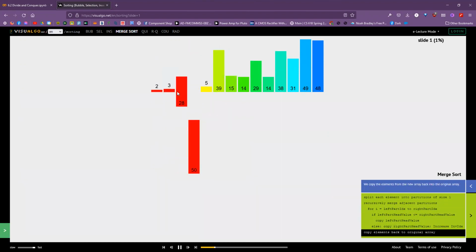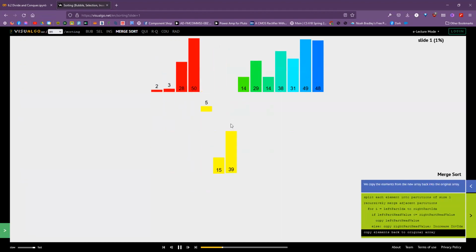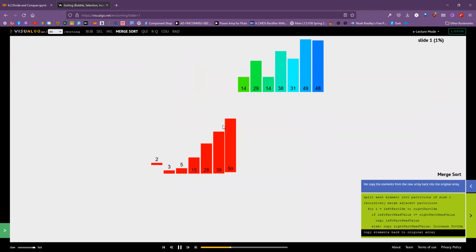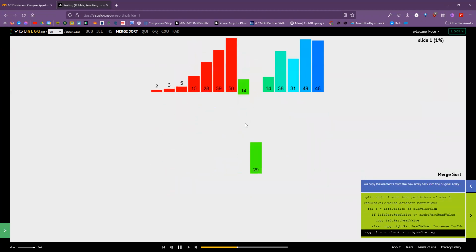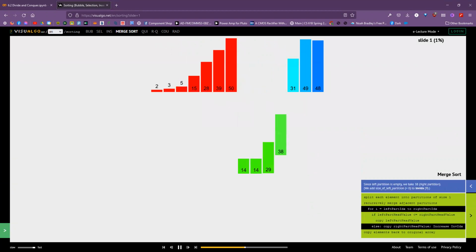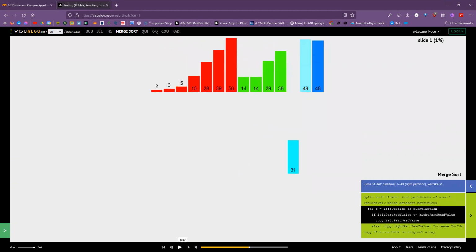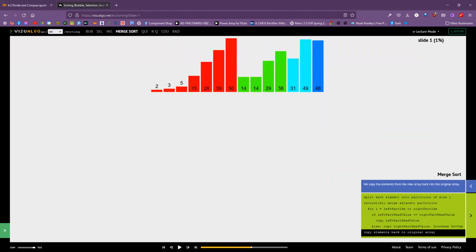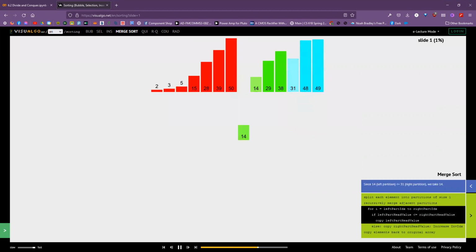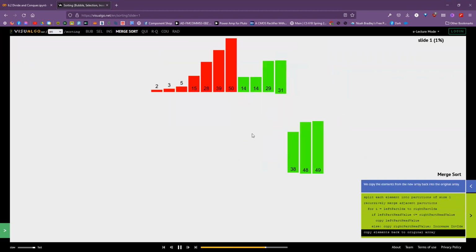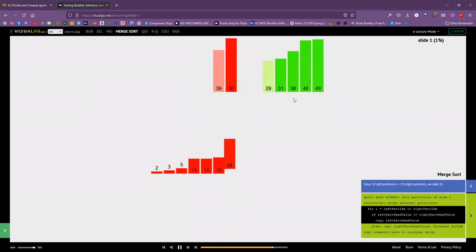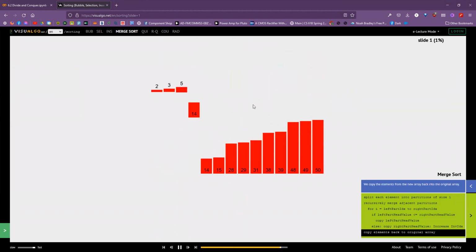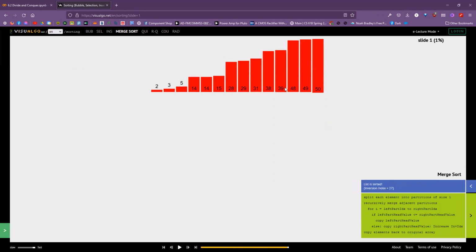So meron tayong 4-element partition, ito is 3-element partition. Eventually, umabot tayo sa point na yung partition is isa or dalawang element lang, and madali lang yun sa atin for us to sort since konti lang yung elements. And eventually, by continuous combining, we reach our fully sorted list here.